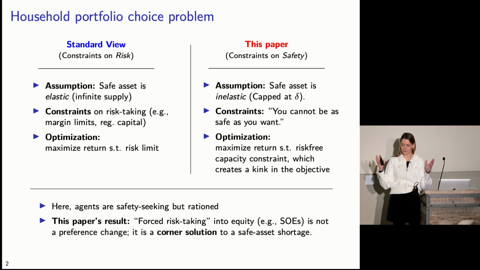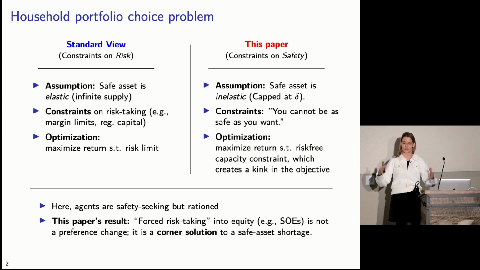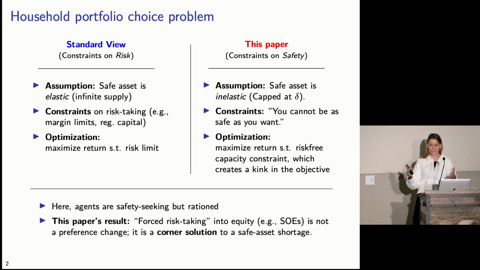So what struck me first is this interesting portfolio choice problem, because typically we think about an investor being constrained and taking on risk. Typically the safe asset, which is what we teach MBA students, is in infinite supply. And so there's maybe a constraint on risk-taking, margin limits, regulatory constraints, and the investor has to optimize return subject to this risk limit. Here it's very different. Here the safe asset is inelastic, capped by the deposit insurance limit.